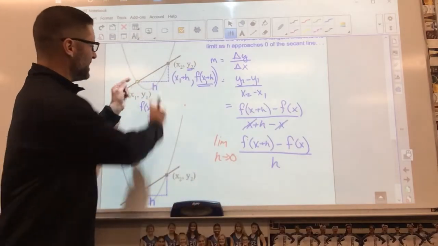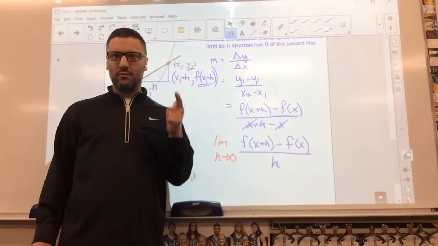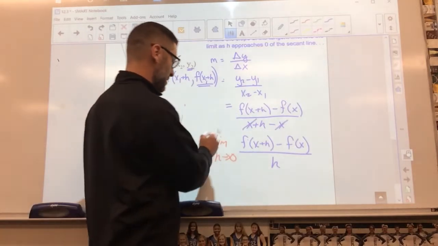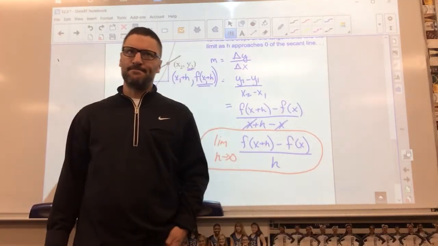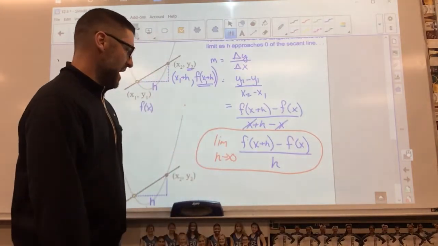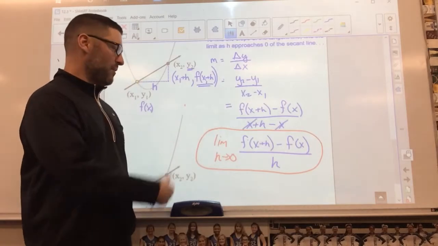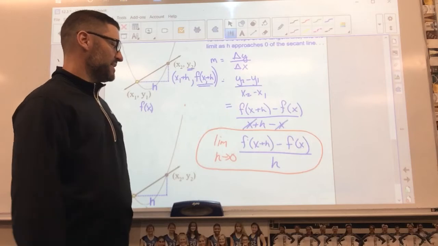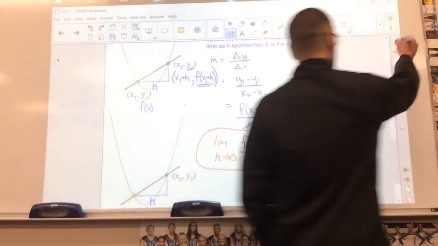If I could shove that h distance down to next to nothing, I would have a really good approximation for the slope of the tangent line. And that's a formula that we've seen before. It is a common formula. It is a calculus formula that I'm going to show you how to use. Find the limit as h goes to 0 of f of x plus h minus f of x over h.